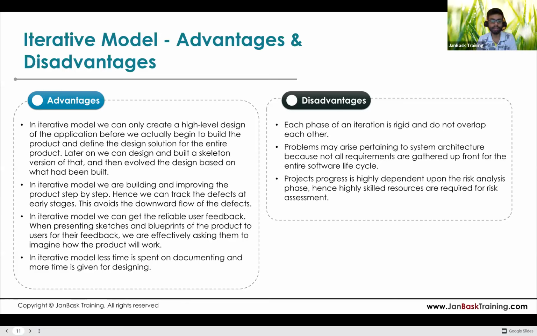But here it is not like that. Whatever you develop in that particular iteration, you document. So you're not documenting a big chunk of features, just what you did in that iteration, and more time is spent on designing, testing and feedback. So that is one advantage of the iterative model.